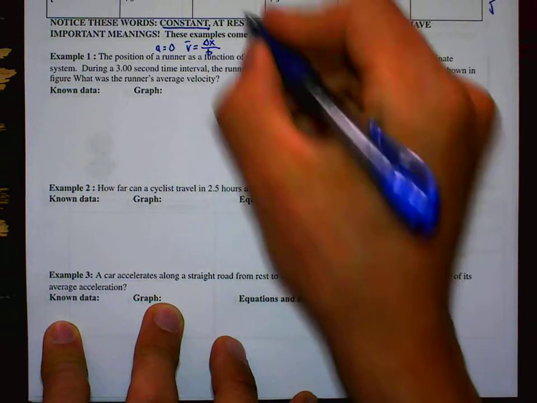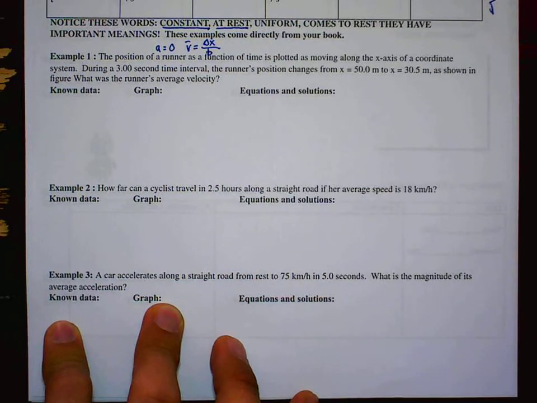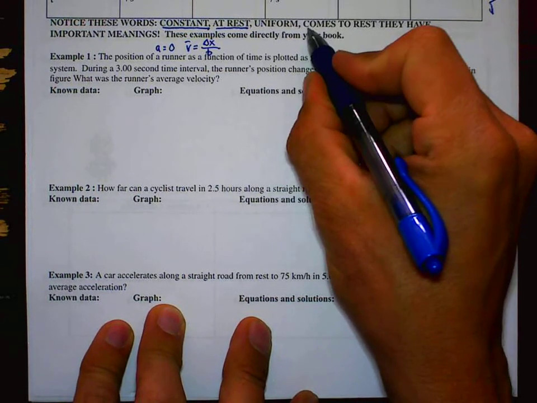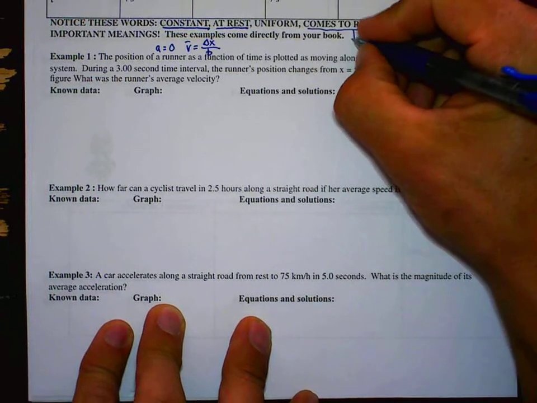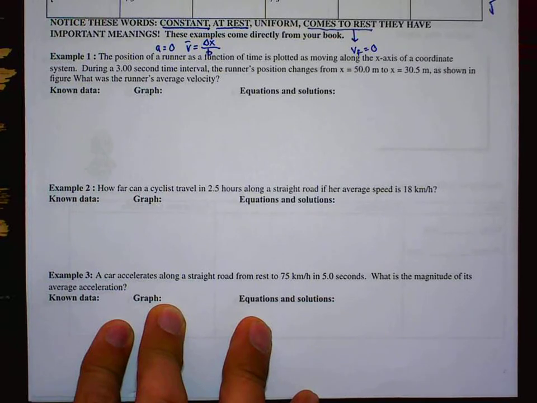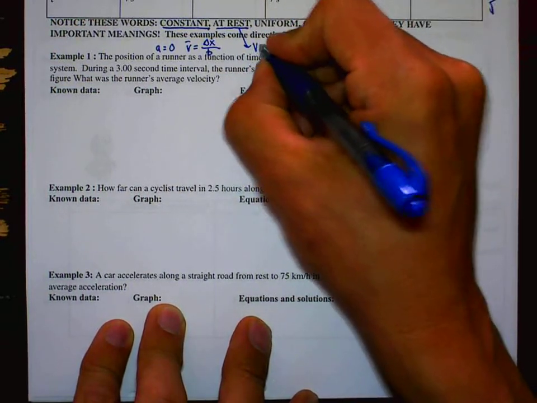Okay, at rest. When something is at rest, what is velocity? 0. So something can come to rest, like I said here. If something comes to rest, that means that V final equals 0. If something starts from rest, that means VI equals 0.